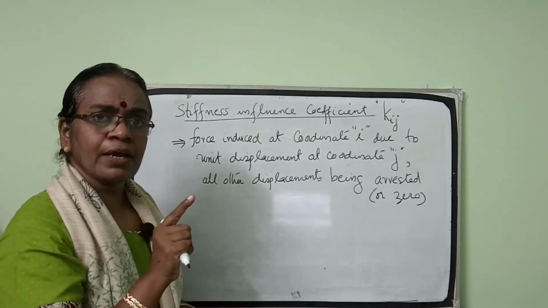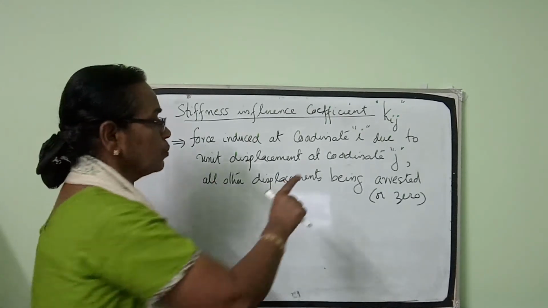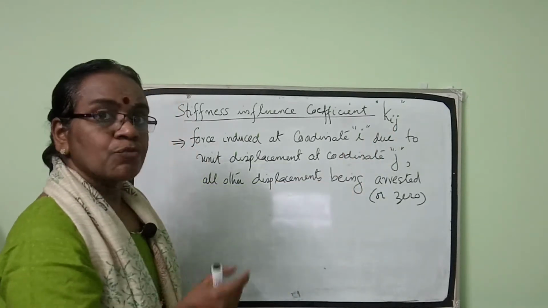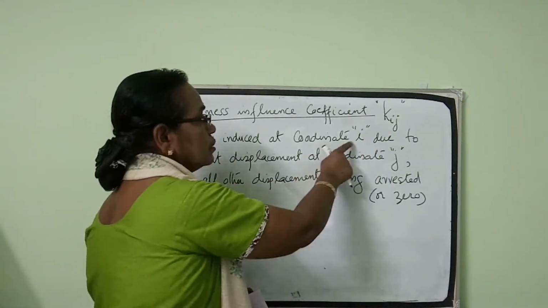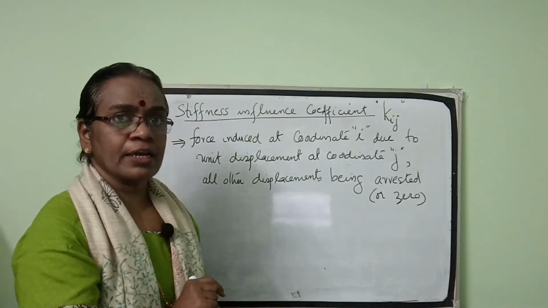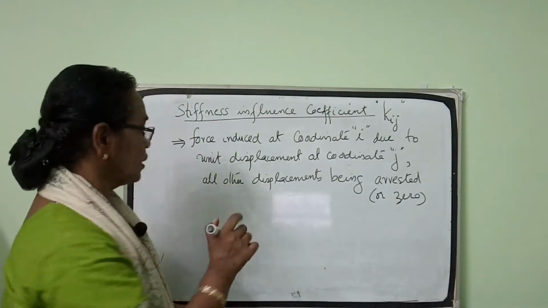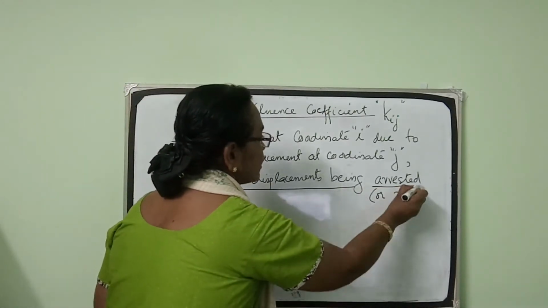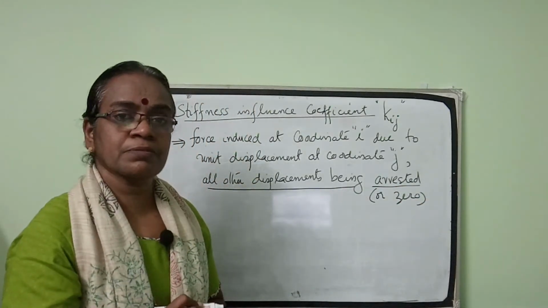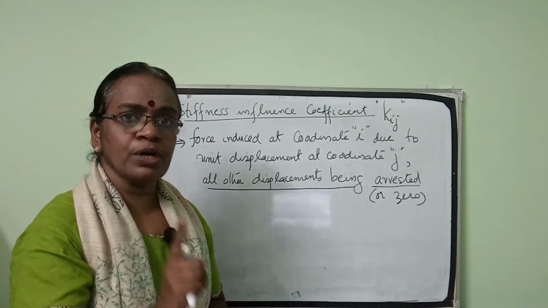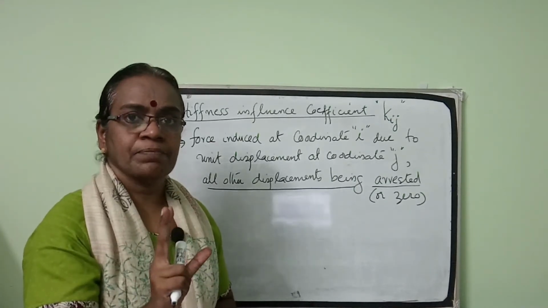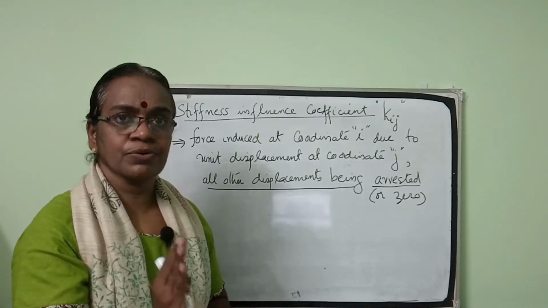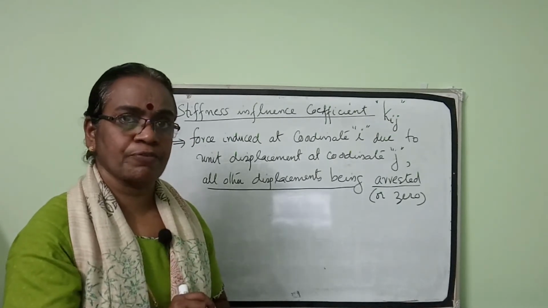So if you apply a unit displacement at the second coordinate J, what is the force induced at coordinate I? At that time, one special condition is that all other displacements must be arrested, or all other displacements must be 0. There should be only displacement at coordinate J, and all other displacements must be arrested. So that is the definition of stiffness influence coefficient.